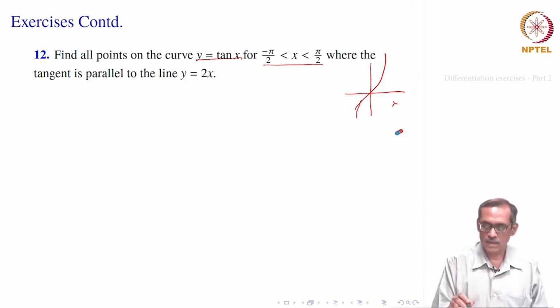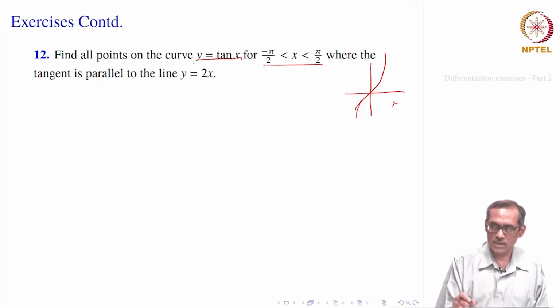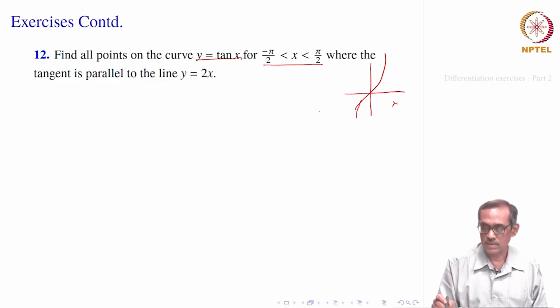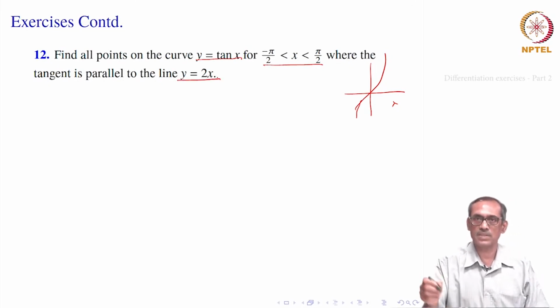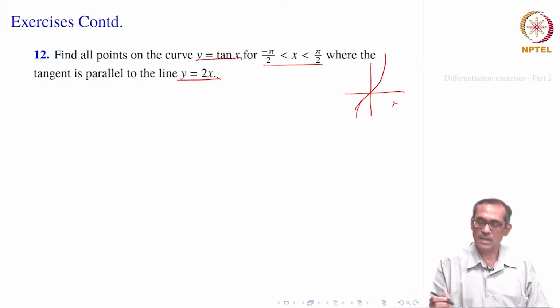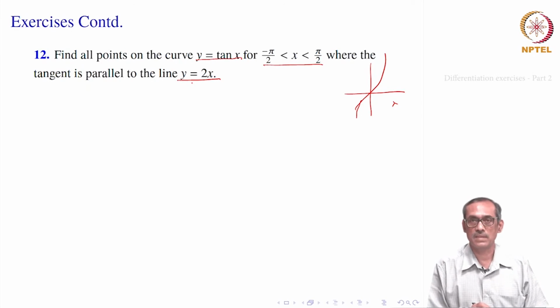Then we want to find all points on this curve where the tangent is parallel to the line y equal to 2x. So, that means, let us take a point, say x1 comma y1, or x0 y0, or a comma b, where the tangent to this curve will be parallel to the line y equal to 2x. So, once it is parallel, its slope is known.